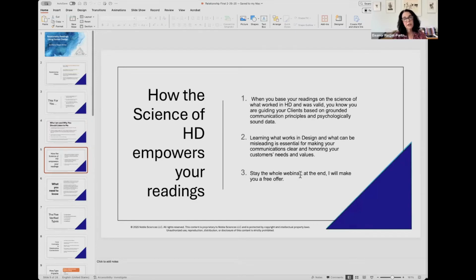When you base your readings on the science of what works in human design, you know that you're guiding your clients in grounded communication principles and things that are psychologically sound. Learning what works in design and what can be misleading is part of what it's important for you to learn.